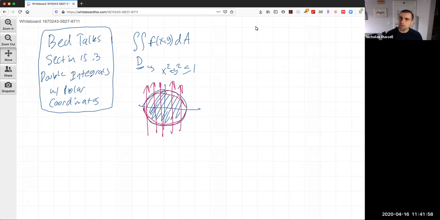Now, it's a little bit tough to describe this, but I know this circle is x squared plus y squared equals 1. And if I want to find my bounds for y, I'm definitely going to need two functions of x that bound it. In this case, I can solve for y. I would get y squared equals 1 minus x squared, and then take the square root of both sides.